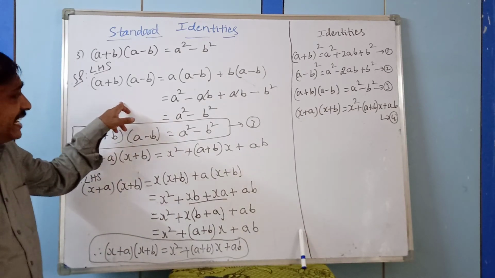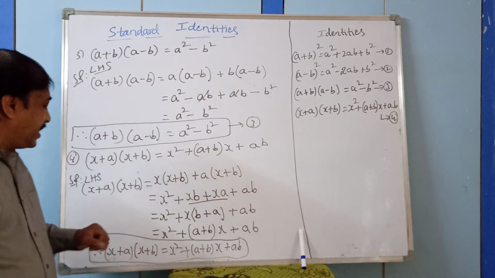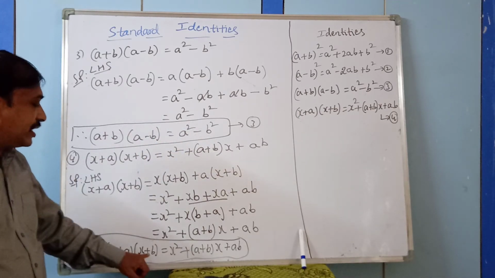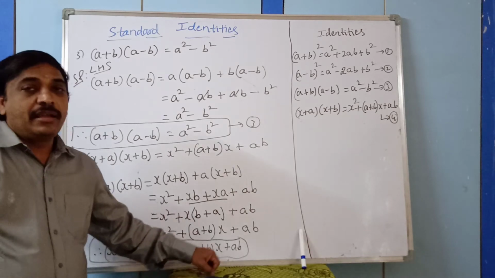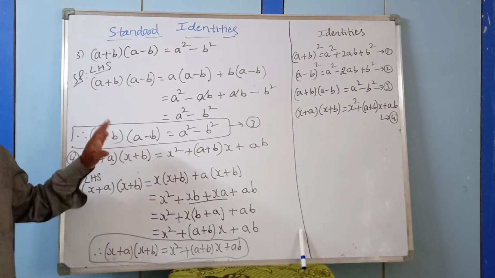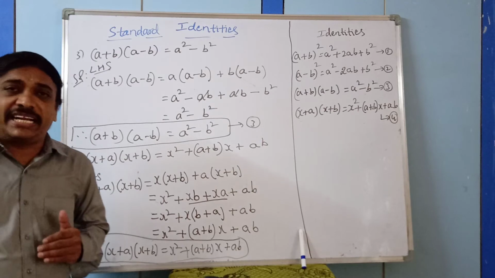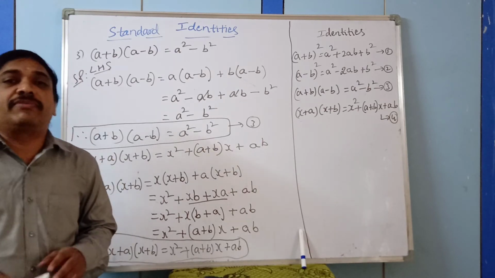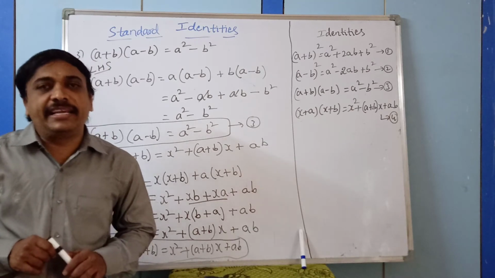So the third identity is (a + b) into (a - b) is equal to a square minus b square. And the fourth identity is (x + a) into (x + b) is equal to x square plus (a + b) into x plus ab. Is it clear, children? These are the four identities which are very very important, as we will be using them further and further as standard identities.